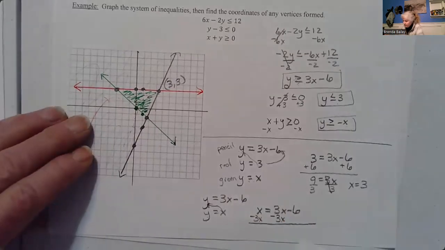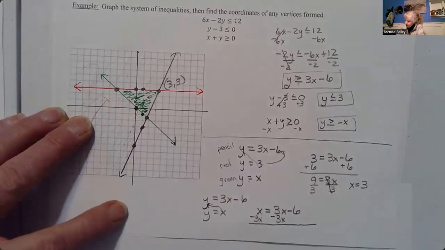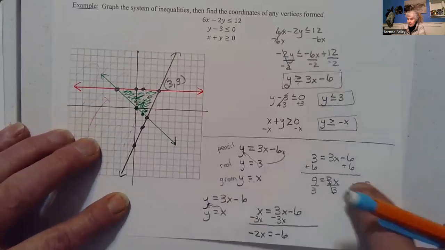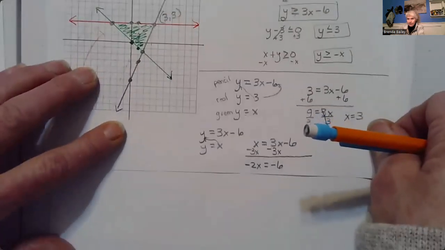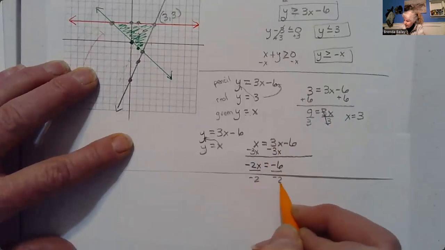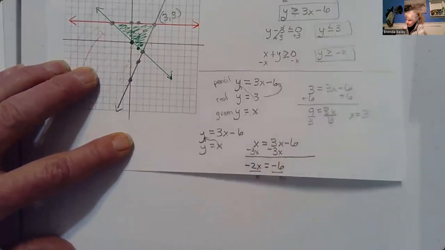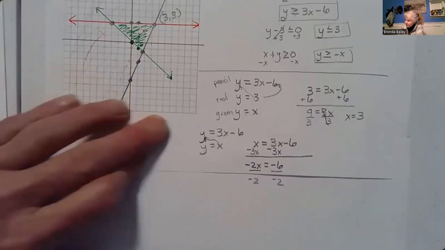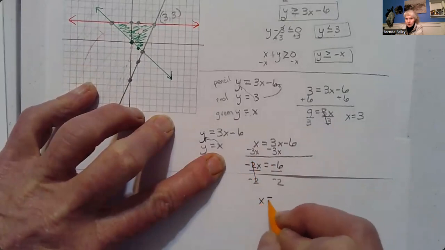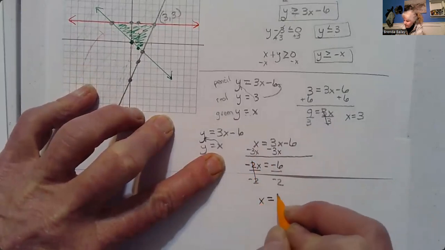I'm running out of room. Minus 2x equals negative 6. Divide by a negative 2. Let me move this up. Divide by a negative 2. X then is equal to 3.